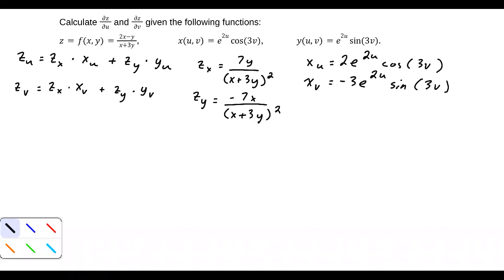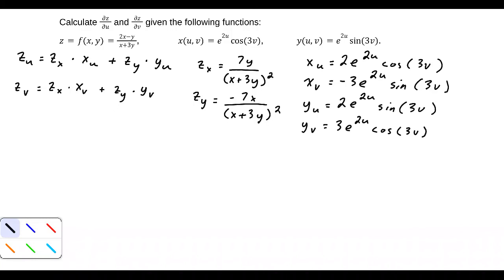So there are two partials of x. Now let's find our two partials of y. y_u will be equal to 2e to the 2u sine of 3v, and y sub v is equal to 3e to the 2u cosine of 3v.